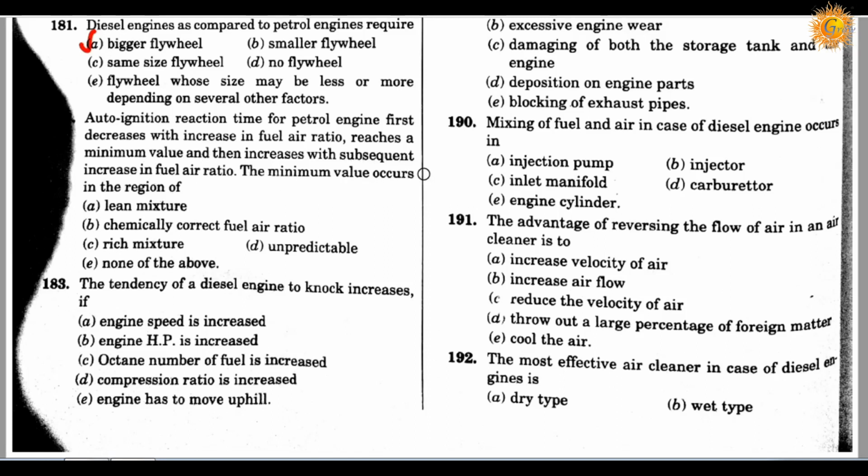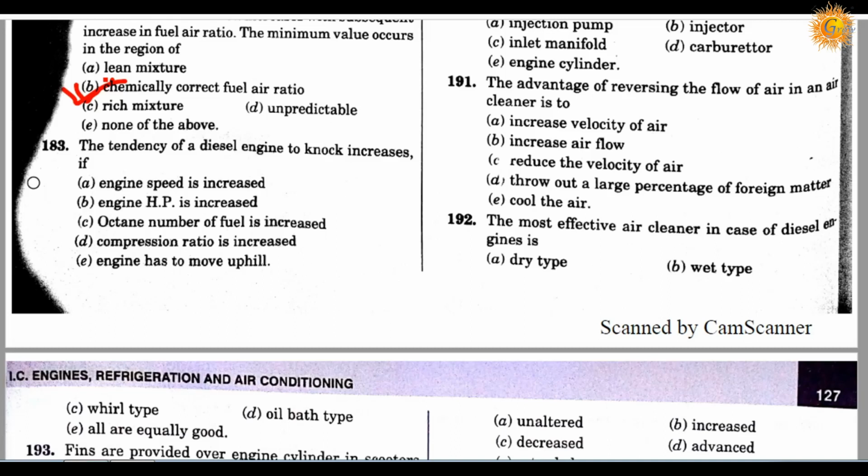The minimum value occurs in the region of: option A, lean mixture; option B, chemically correct fuel air ratio; option C, rich mixture; option D, unpredictable; option E, none of the above. So the correct answer is B, the chemically correct fuel air ratio.